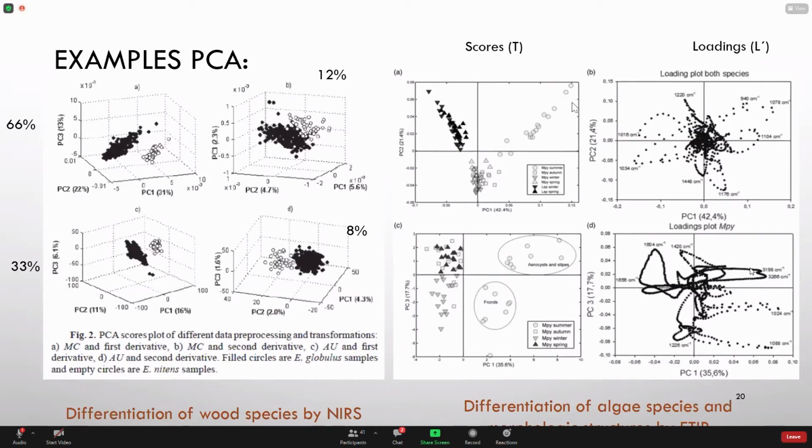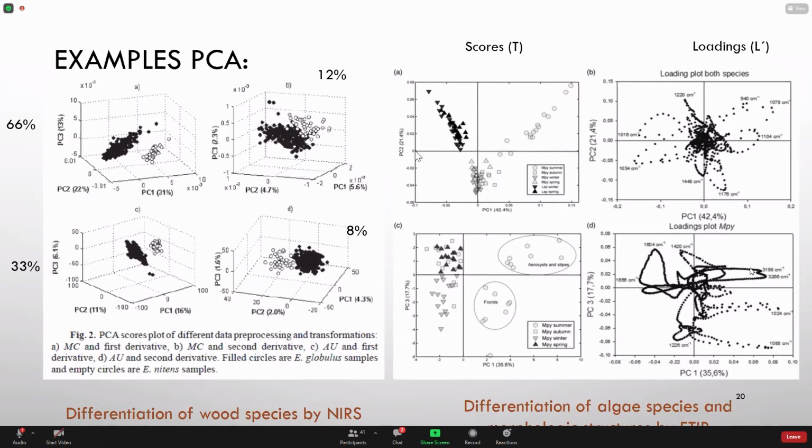We reduce the space of the mid-infrared spectra to 2 variables, called principal component 1 and 2, and we can see here the first component separates the samples, so we can conclude that this principal component is important to see the difference between the two species.